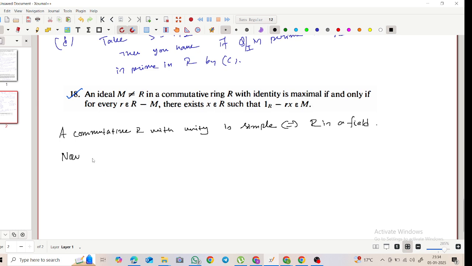Now if M is a maximal ideal, then R mod M has no proper ideal.